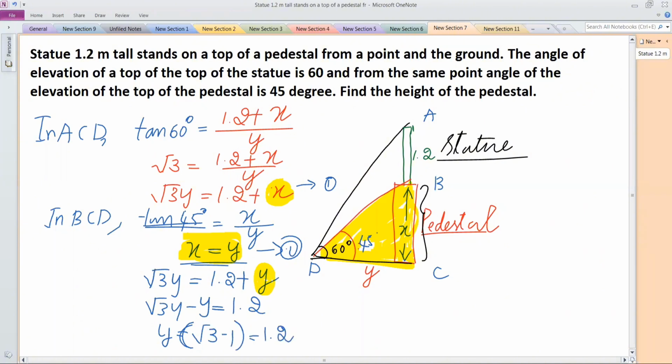So further, y is equal to 1.2 divided by root 3 minus 1. They asked to find the value of x too. Since both are equal, this will be the value of x and y. I hope it is clear for you.